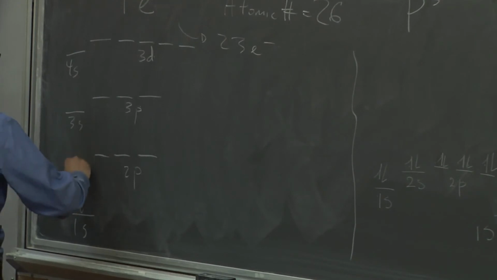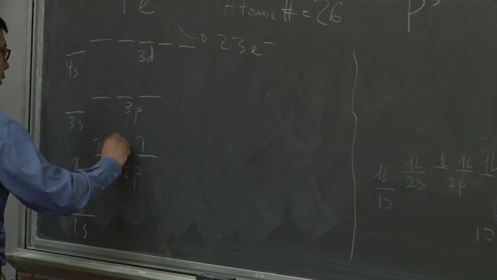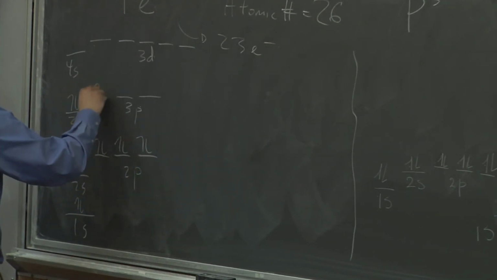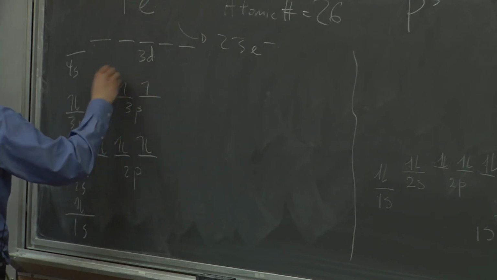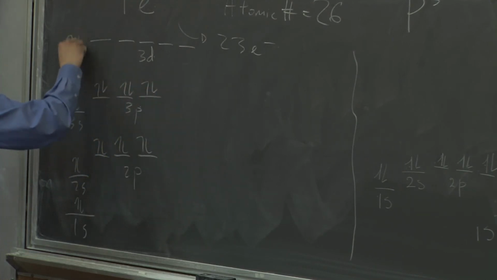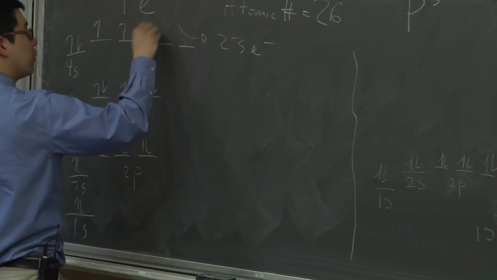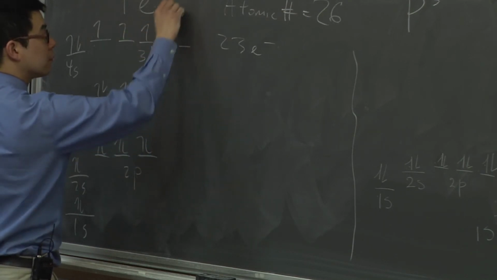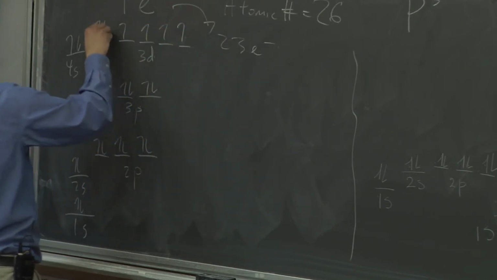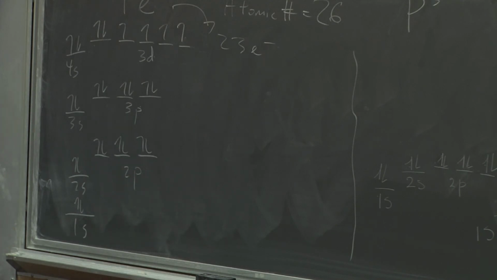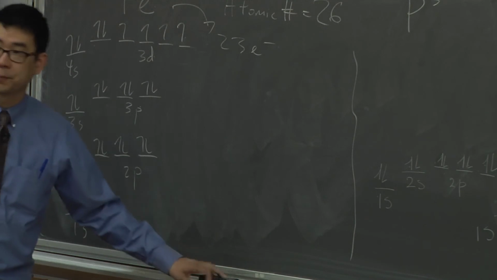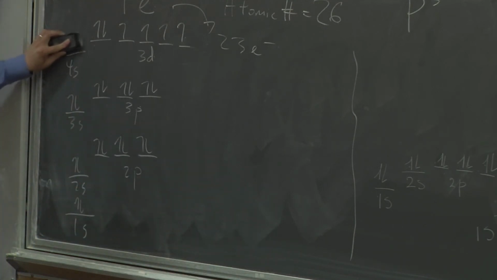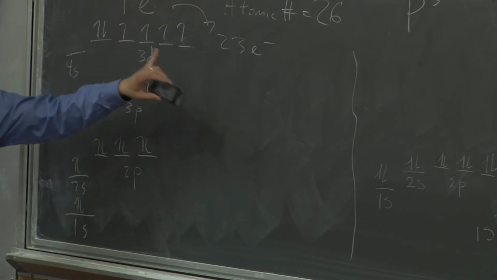1, 2, 3, 4, 5, 6, 7, 8, 9, 10, 11, 12, 13, 14, 15, 16, 17, 18, 19, 20, 21, 22, 23, 24, 25, 26. Okay, so now I'm going to take away 3. The first 2 come from the 4s. So 26, 25, 24, and then 1 is going to have to come out of the 3d.